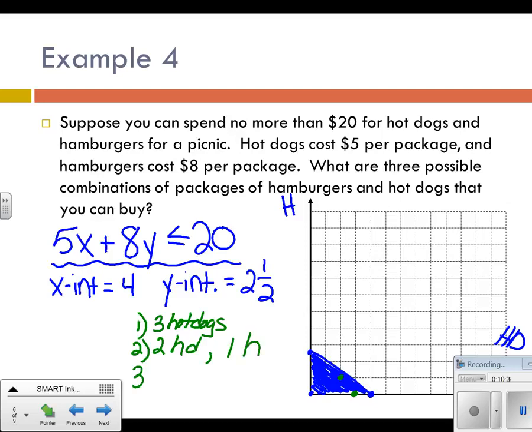And then for the third, let's say just 1, 1 right here, that falls in the graph. So 1 hot dog, 1 hamburger. So there's 3 possible combinations. There's obviously other points in that area, but we only have to list 3.